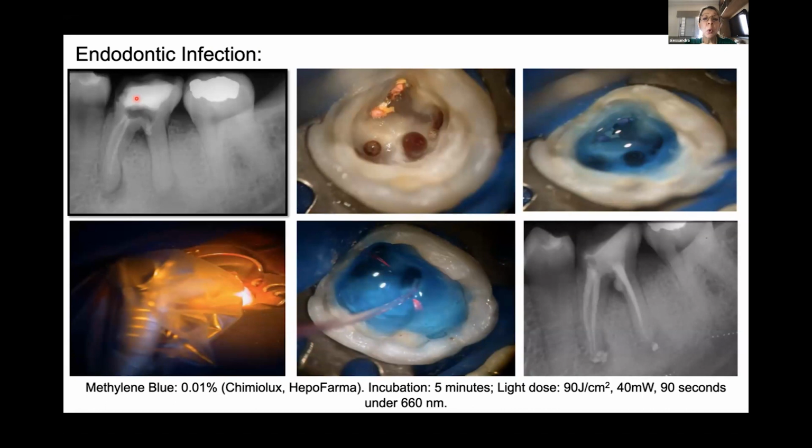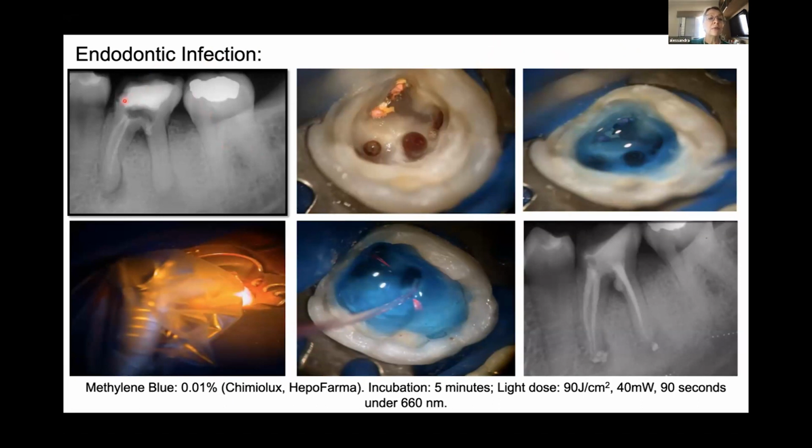So after I showed you our in vitro, in vivo experiments that we have performed here in the Biophotonics and Bionanomaterials lab, I would like to show you some clinical applications, how APDT can work in the clinics.